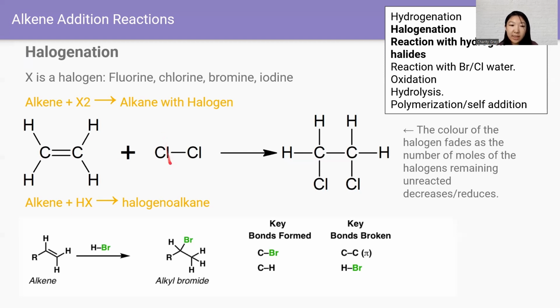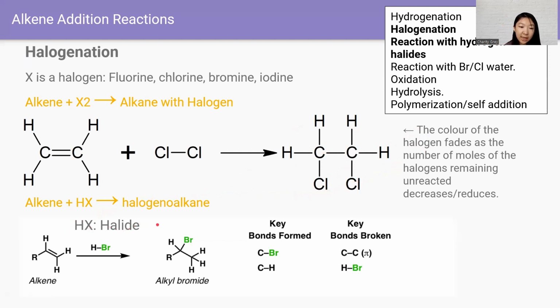But as you react, you're breaking these bonds and attaching them to the alkenes, making them into alkanes, right? You're actually getting rid of the color. Even though the molecules do not disappear, the color disappears because this molecule no longer exists. It becomes a part of a different molecule. So the color fades, and that is what this means.